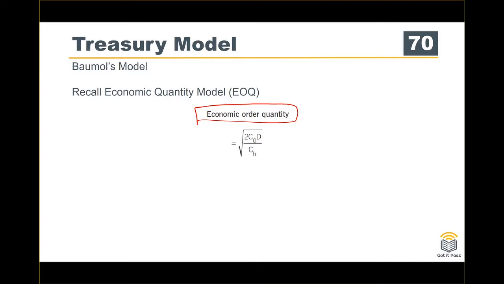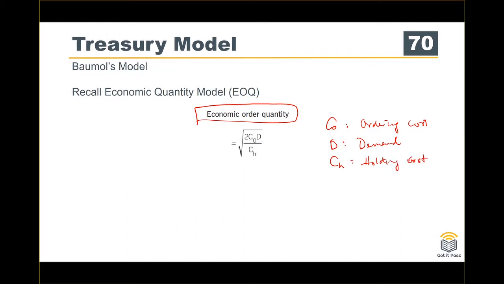So remember, the CO is the ordering cost, the cost per order. D is the market demand, or the demand. And CH is the inventory holding cost.